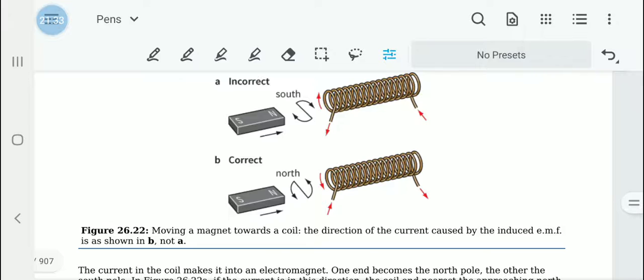There should be work done against the magnetic field as shown below.